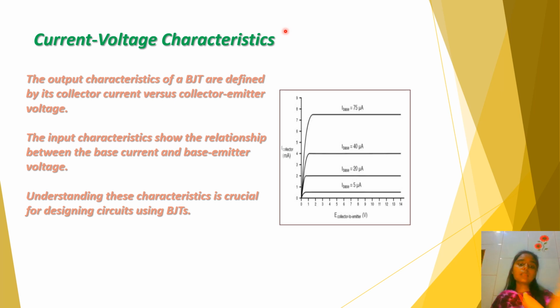In the active region, the base-emitter junction is forward biased, VBE is greater than 0.6 volts, and the base-collector junction is reverse biased. In the active region, the collector current is controlled by the base current and the collector-emitter voltage. Next, in the saturation region, both the base-emitter and base-collector junctions are forward biased, and the transistor acts like a closed switch.